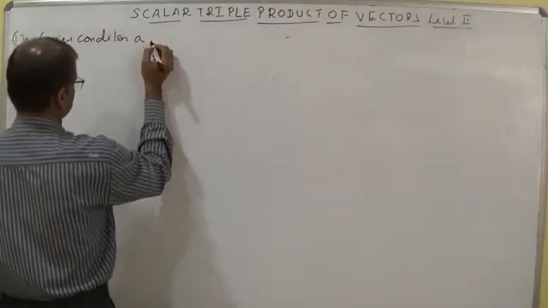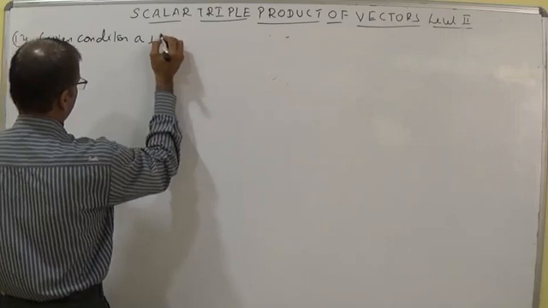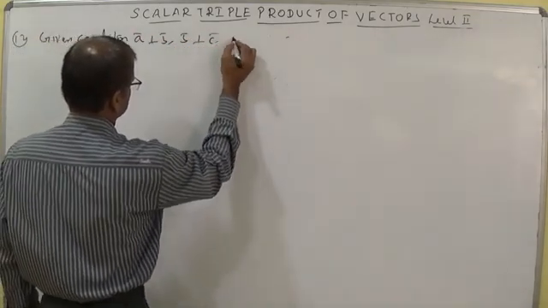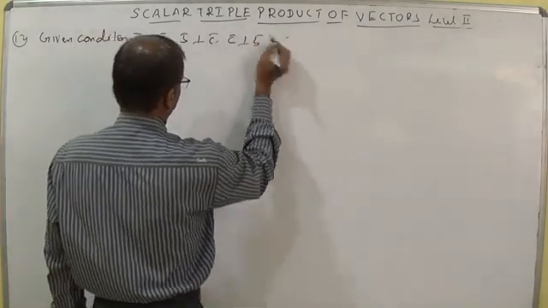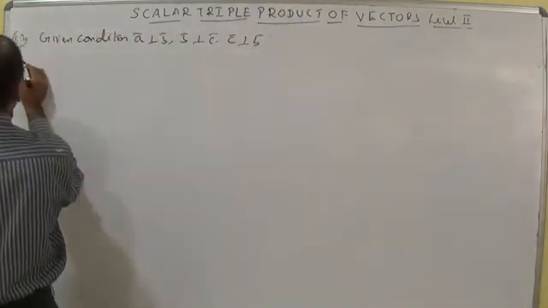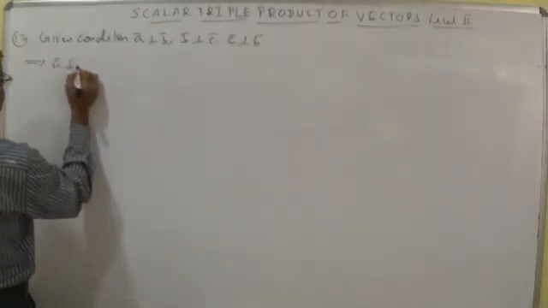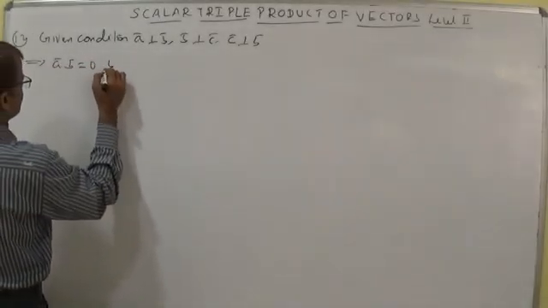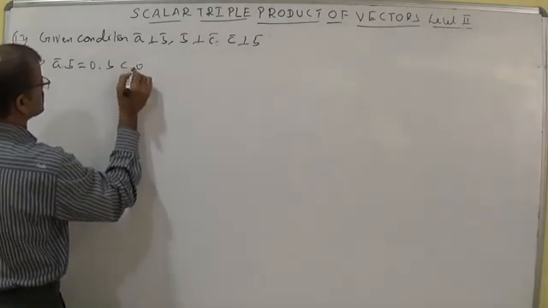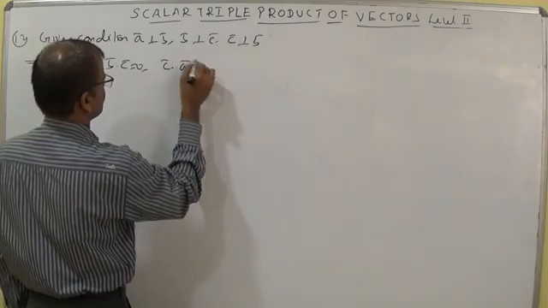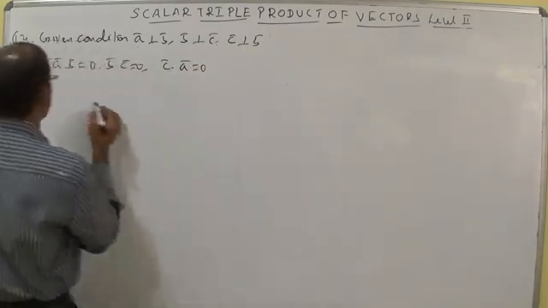The given condition is A bar perpendicular to B bar, B bar perpendicular to C bar, C bar perpendicular to A bar. That implies A bar dot B bar equals 0, B bar dot C bar equals 0, C bar dot A bar equals 0.